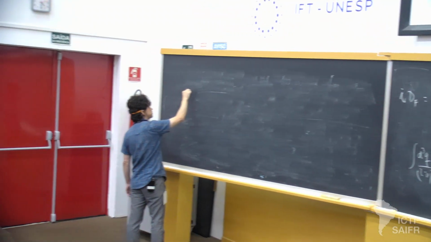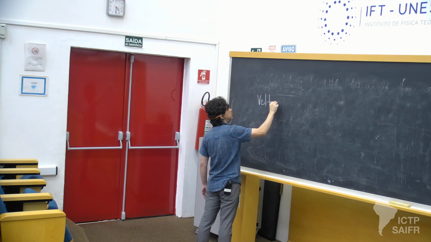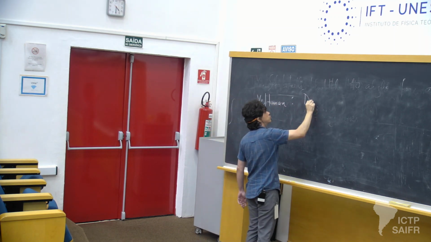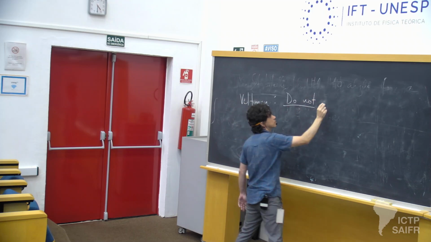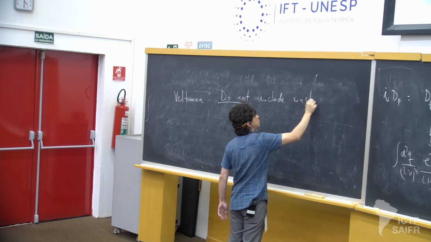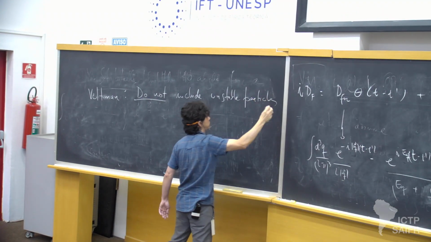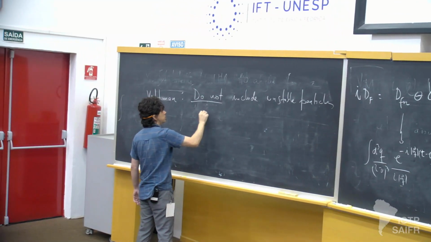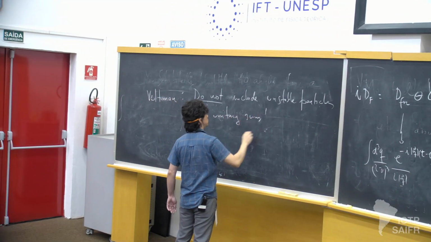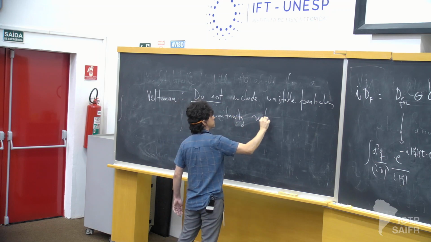So Veltman says: do not include unstable particles, or unstable propagators associated with unstable particles, in unitary T-sums.